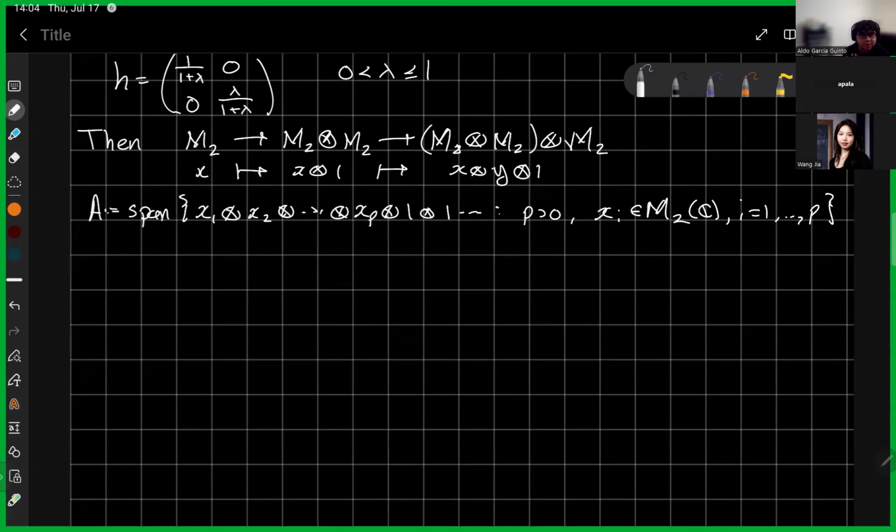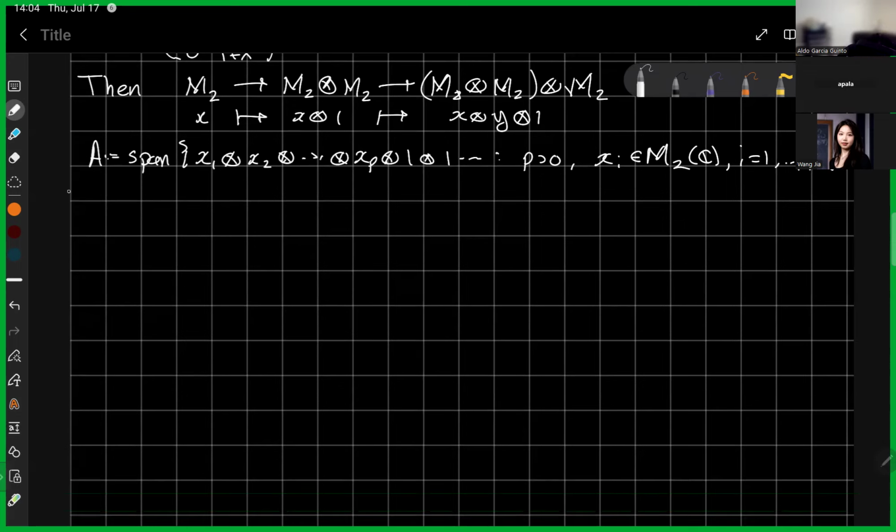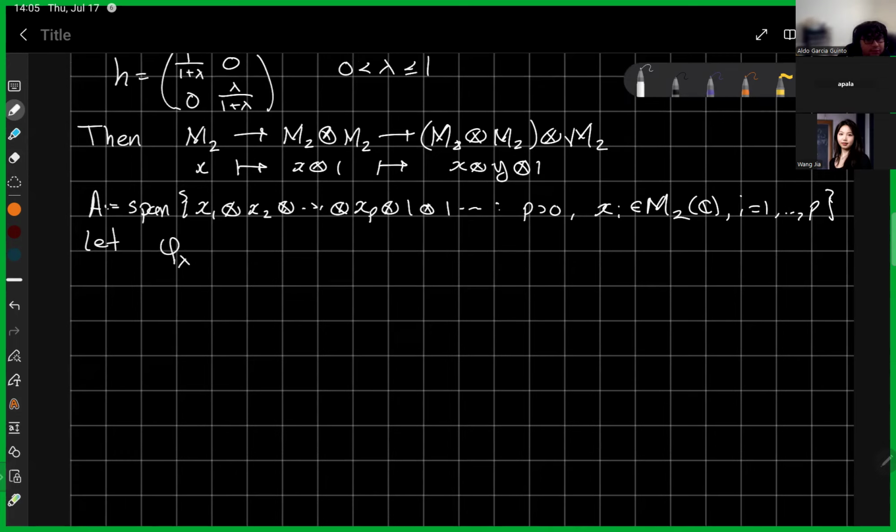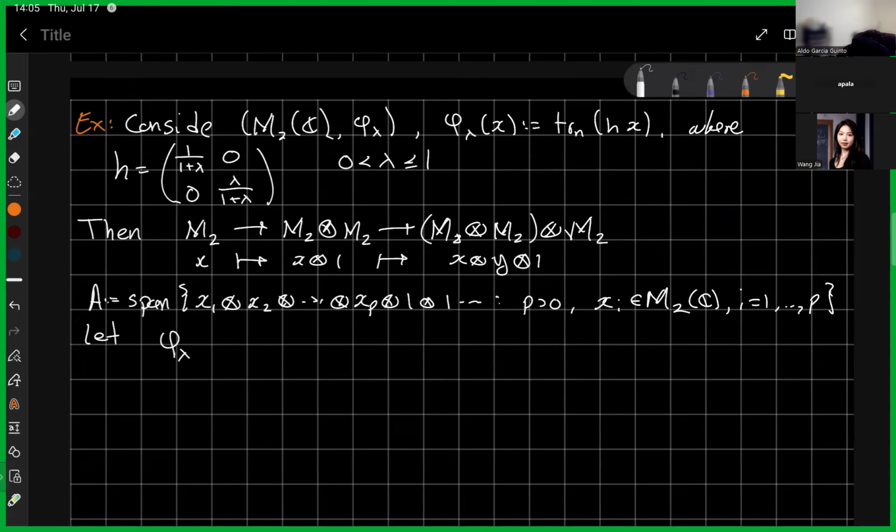For all i from 1 to p. This is, of course, a star algebra, and then the linear functional phi, this should just be phi.